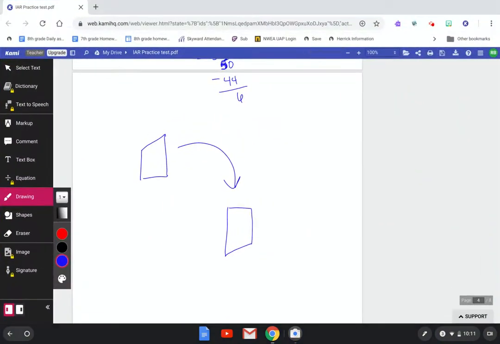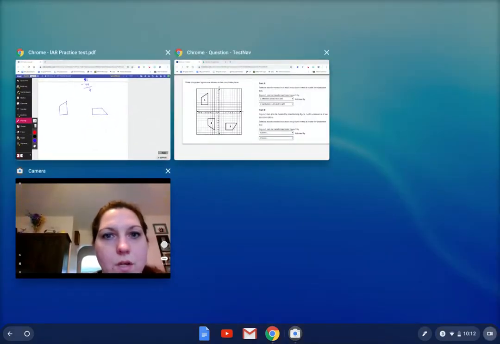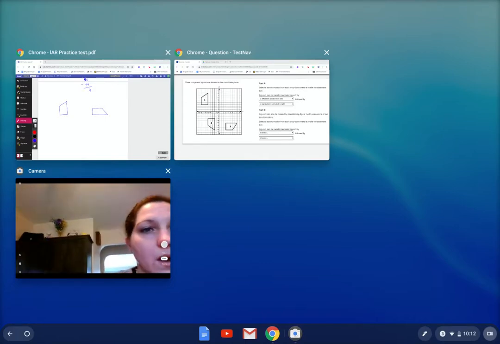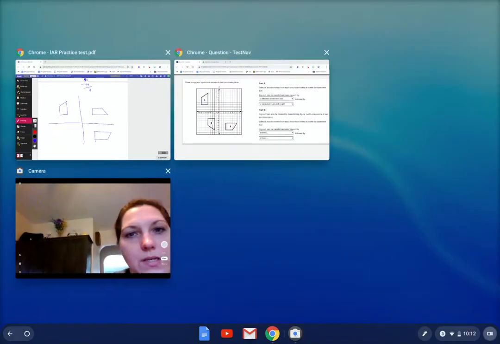If I do 90 degrees clockwise, it ends up looking like that. There we go. Can I get that figure to look like number 3? I think I can, because this would be in quadrant 2, and when I reflect it in the x-axis, that looks pretty similar to 3.